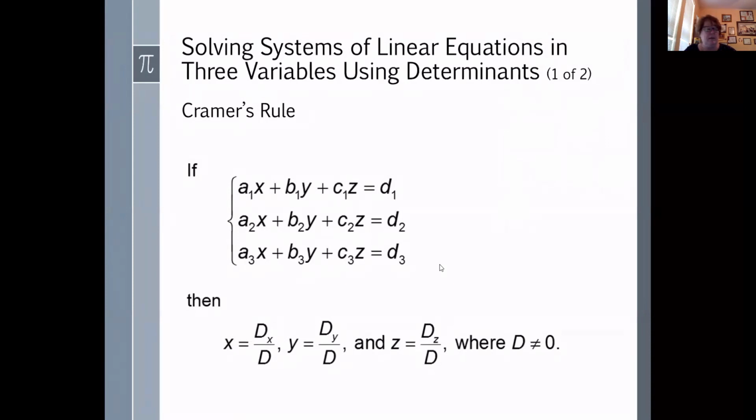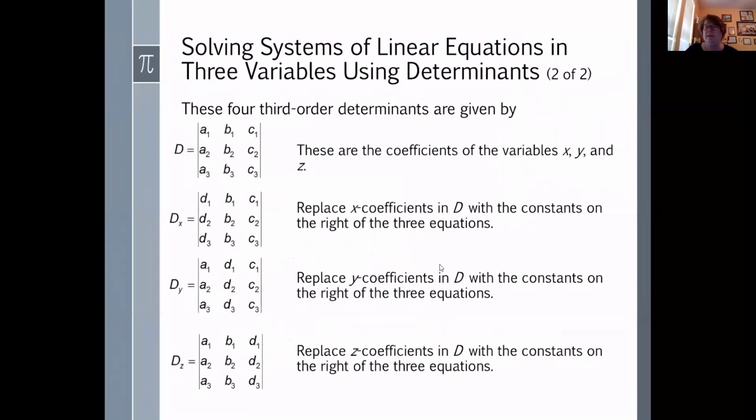What are those determinants? Well, d is the 3x3 determinant of the matrix formed by the coefficients on your x's and your y's and your z's. D sub x is the determinant of the matrix where you replace the first column in D, the x column, with your constants.